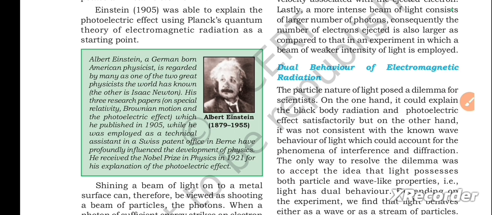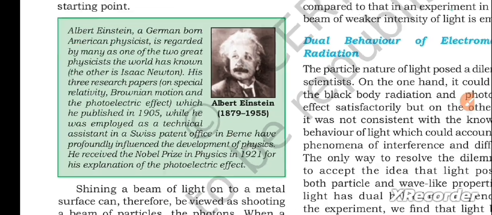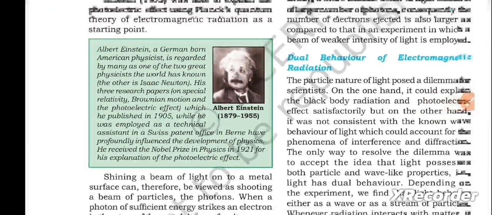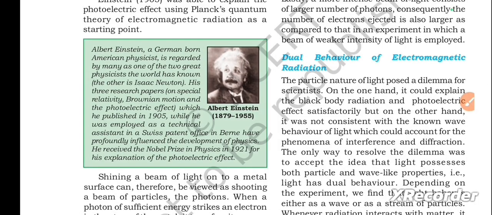His three research papers on special relativity, Brownian motion and the photoelectric effect, which he published in 1905 while he was employed as a technical assistant in a Swiss patent office in Bern, have profoundly influenced the development of physics. He received the Nobel Prize in Physics in 1921 for his explanation of the photoelectric effect. So, Albert Einstein, 1879 to 1955.